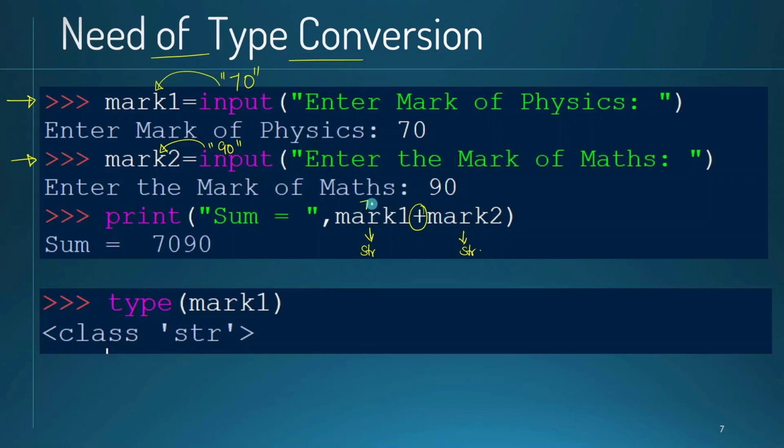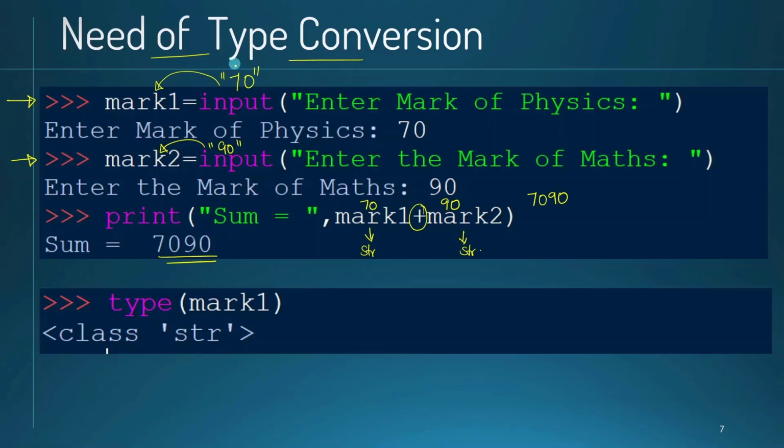So this is 70 and this is 90, both being strings, and you just do a concatenation between them. The result is going to be 7090, right? You can see this is the sum value that you are getting, and this sum is completely wrong, because when you add 70 and 90 we were expecting 160.